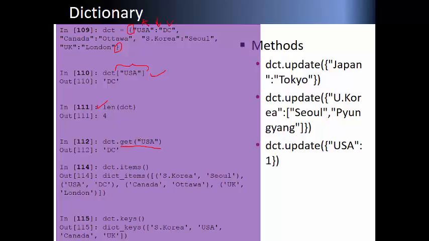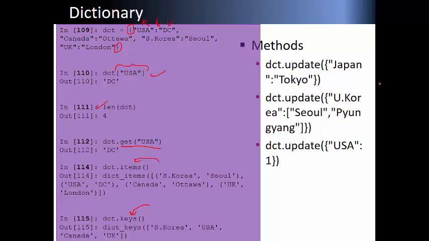This function takes the key, then it returns the value. And if you call the function items, it can give you all the items. You can also call keys, which gives you all the keys. Values gives you all the values.